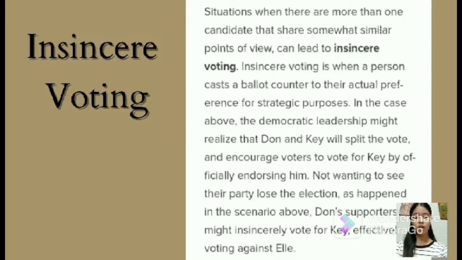In this case above, the Democratic leadership might realize this and encourage voters to vote strategically, not wanting to see their party lose the election. As happened in the scenario above, they are effectively voting against their preference.